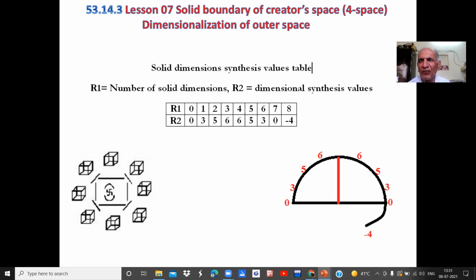It is -4. We are initially within four space, positive four space, and reach at the eighth step to -4.